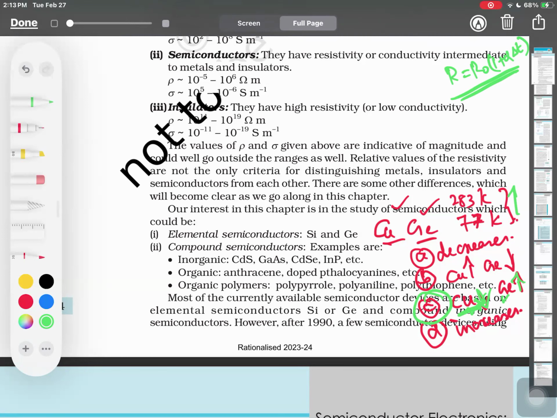If the temperature decreases, the resistance decreases. Whereas germanium is a semiconductor, so its resistance will increase. You must write the explanation like that. The answer is: the resistance of copper decreases and germanium increases.